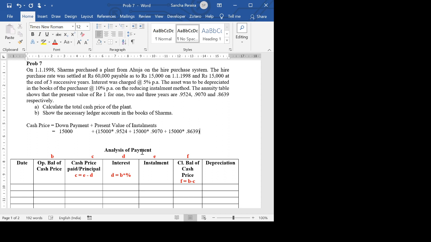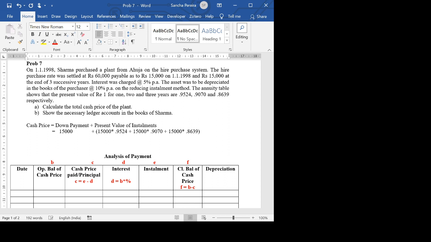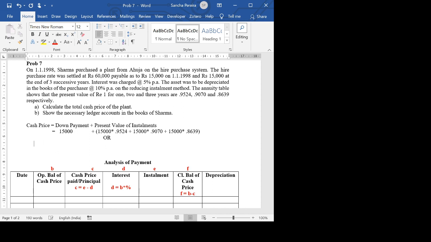Another shorter way I can do it, which I think most of you will prefer, is 15,000, which is the down payment, plus 15,000 into, instead of taking each of these and multiplying, I can total all these present values.